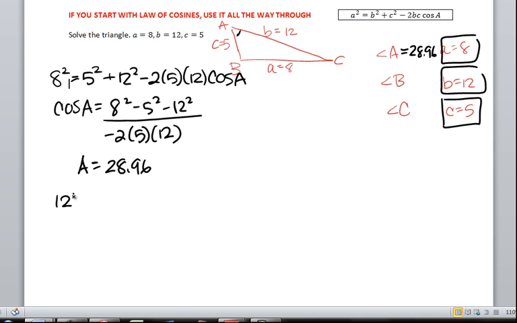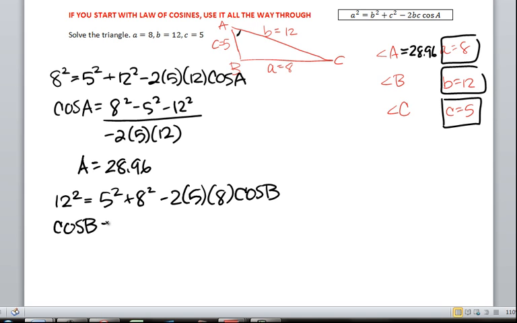So I have that 12 squared is equal to 5 squared plus 8 squared minus 2 times 5 times 8 times the cosine of B. So that means that the cosine of B is equal to 12 squared minus 5 squared minus 8 squared all over negative 2 times 5 times 8.